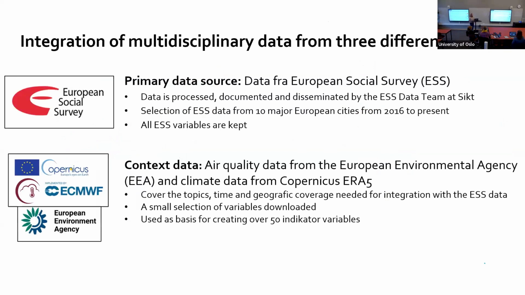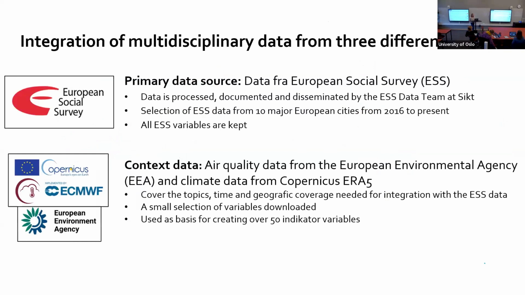So we were integrating, firstly making all this data interoperable or integratable, and that really took some time and collaboration between the researchers to find out how to do this, and to find sources for this environmental data also.